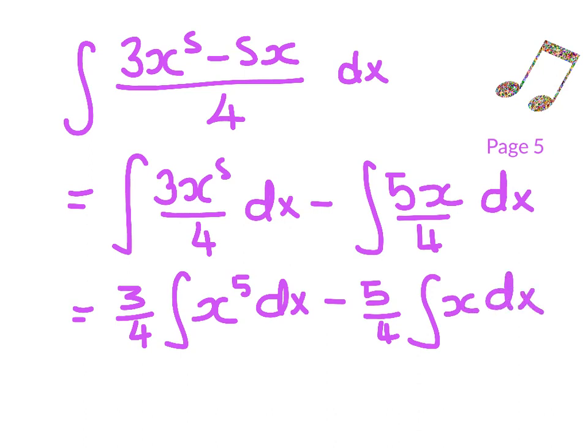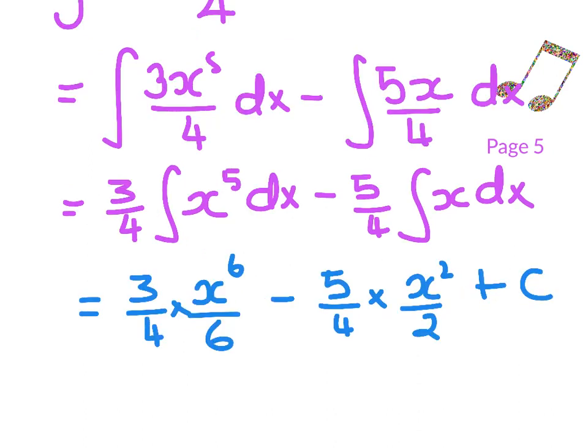Now I can integrate. So that's equal to 3/4 times x to the 6 over 6. That's this first part. Take away 5/4 times x squared over 2 plus the constant of integration.